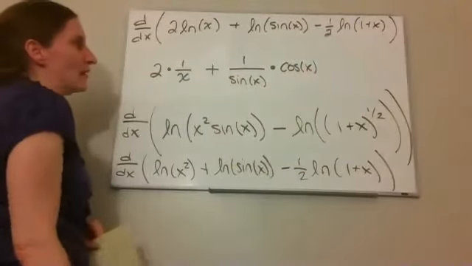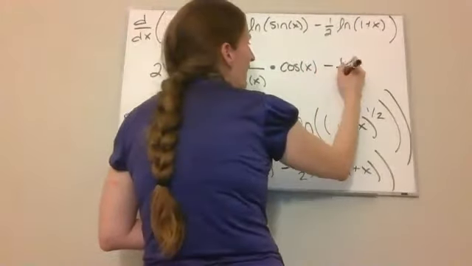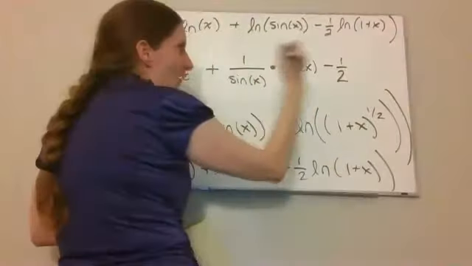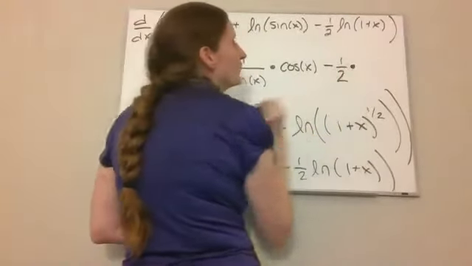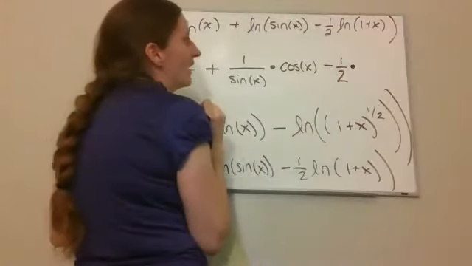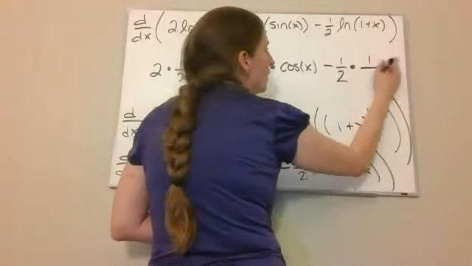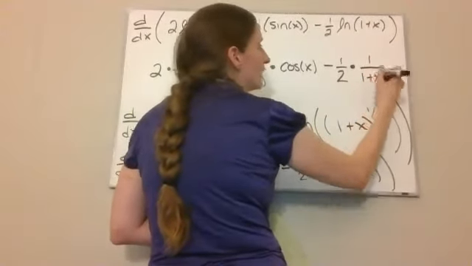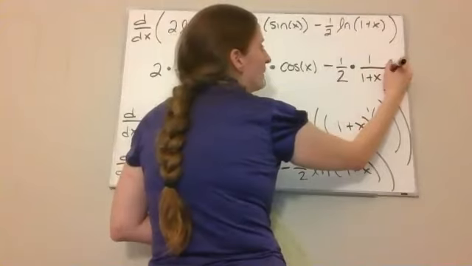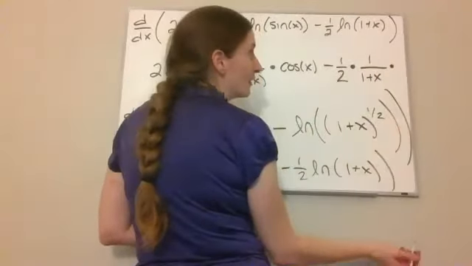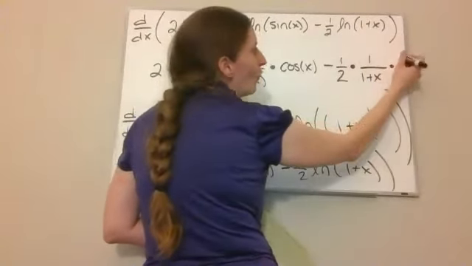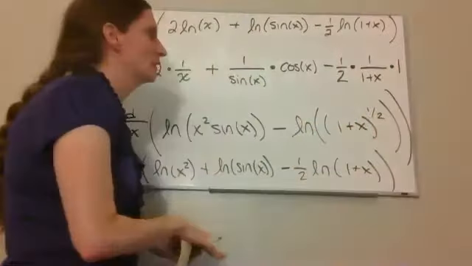And then for this last guy, I have my 1/2, which stays. My derivative of natural log of 1 plus x is 1 over the stuff in the parentheses, and then it would be times the derivative of the stuff in the parentheses. But the derivative of 1 plus x is just 1.